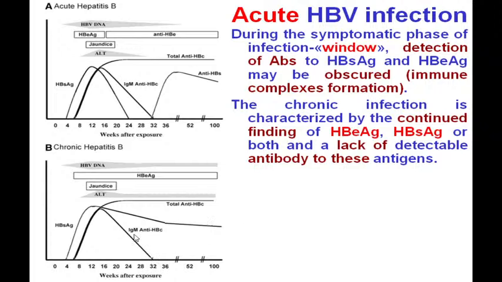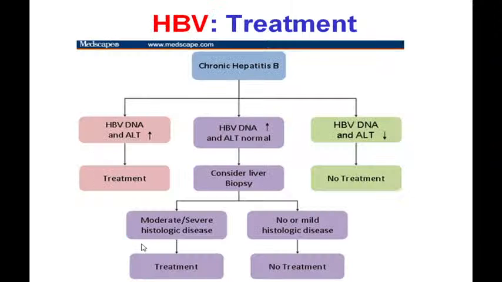And also we may have very high total anti-HBc antibodies, but that is the same as in the acute infection. But the anti-HBc IgM will disappear quite quickly from both. And here we also have a lack of anti-HBs antibody because they form immune complexes.